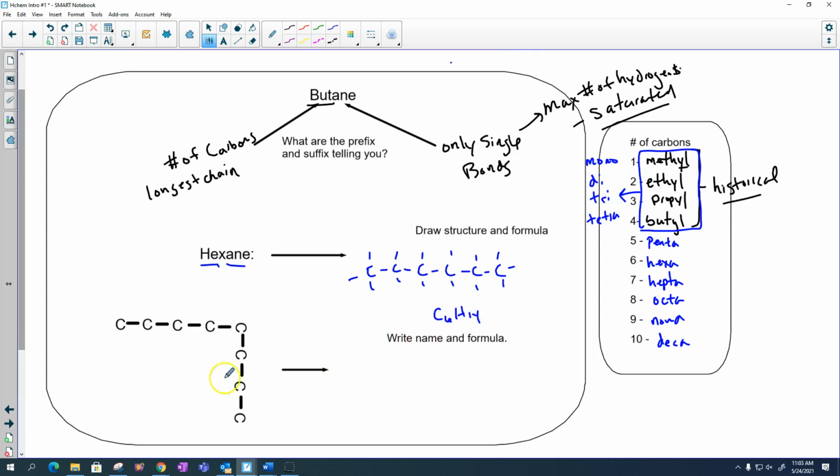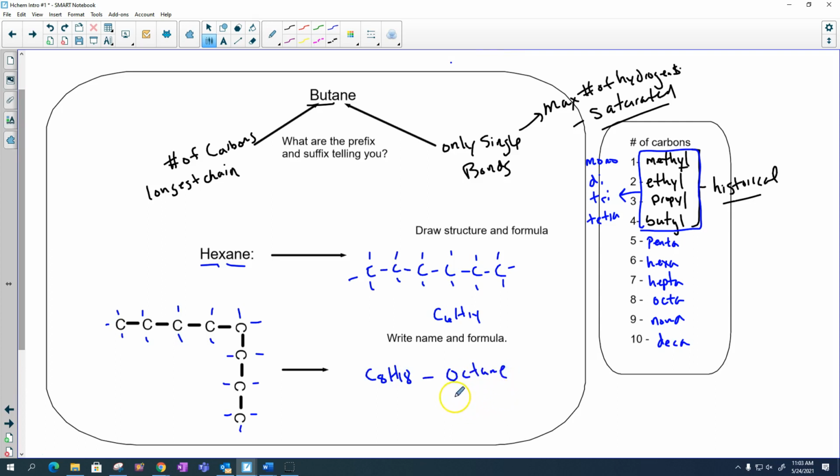Alright, take a moment, add your carbons, and pause the video, write the name and the formula out. Pause the video. Alright, so we got 8 carbons. That's C8H18, and this is going to be called octane.